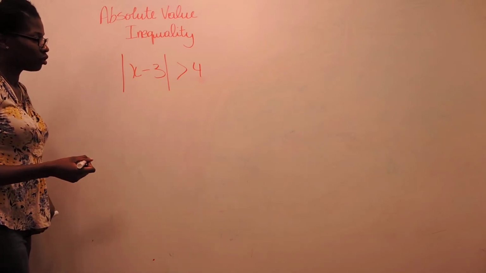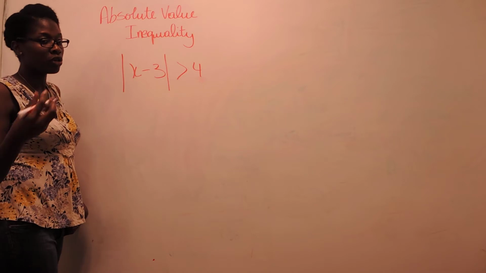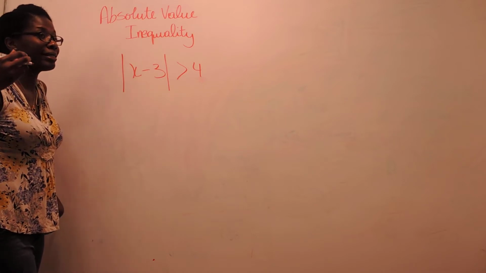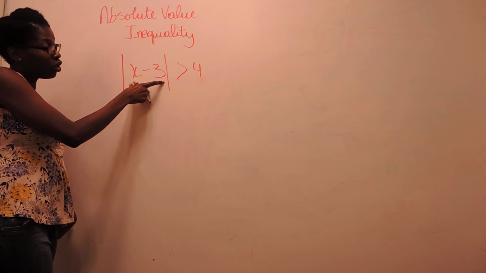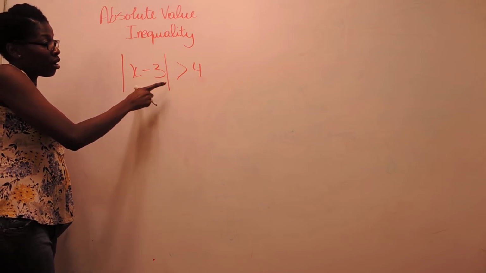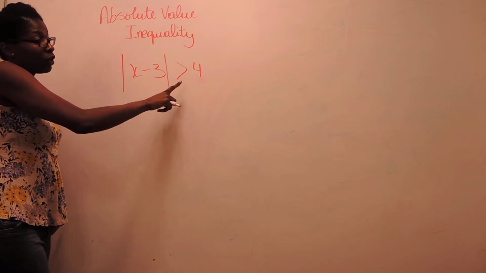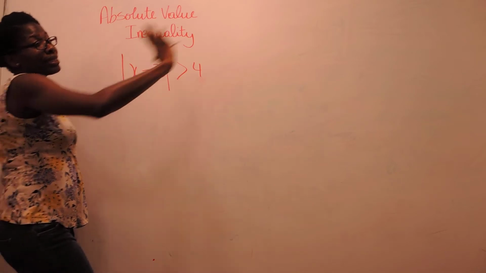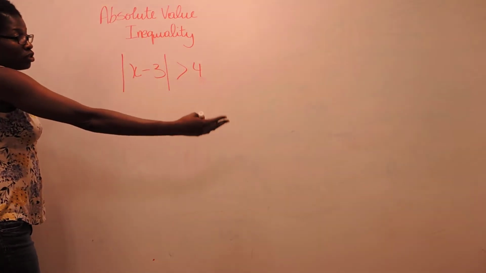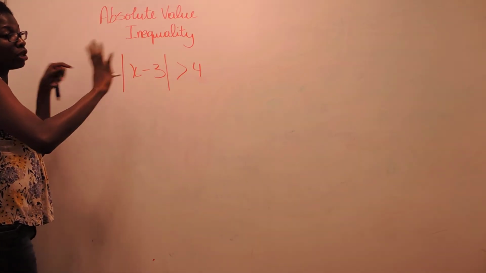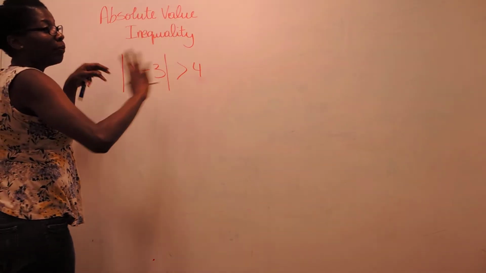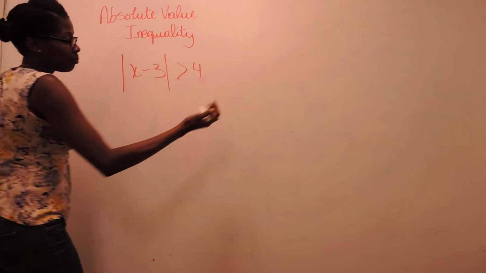Well, you must think, because when we're talking about absolute value, we are talking about distance. So it is possible for this whole term here to have a distance that is greater than 4 on the right side of 0, and a distance that is greater than 4 on the left side of 0, because the number line expands in both directions from 0.